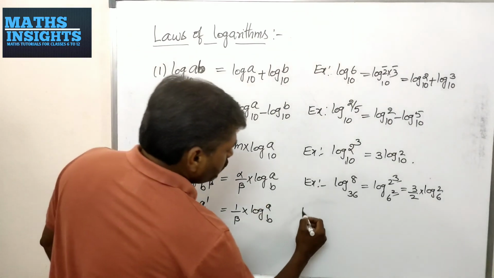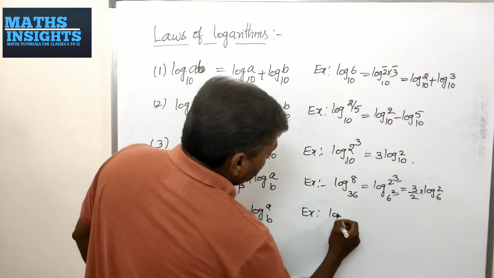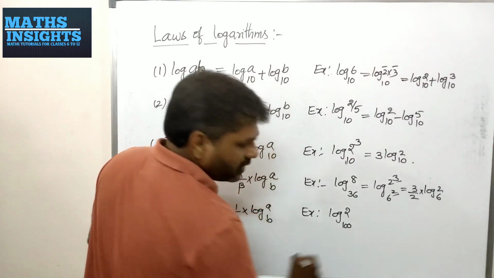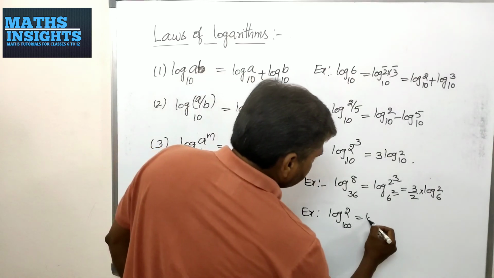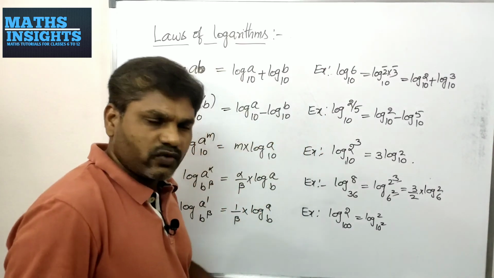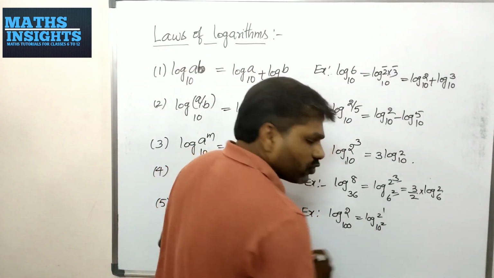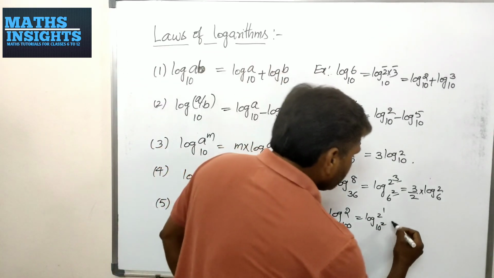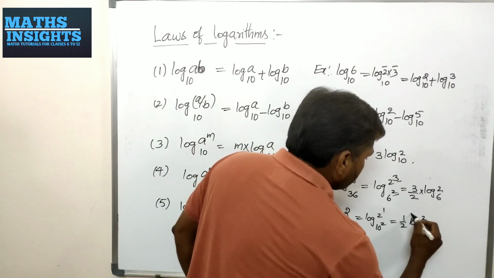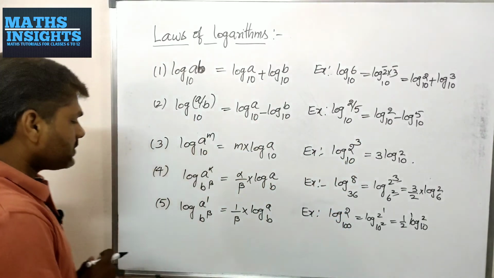For this you may have the example log 2 base 100. This can be written as log 2 base 10 square. Then it becomes 1 by 2 into log 2 base 10. Right, my dear students?